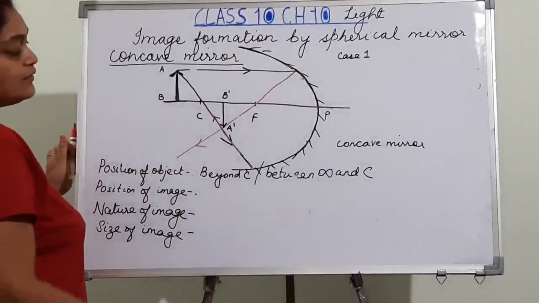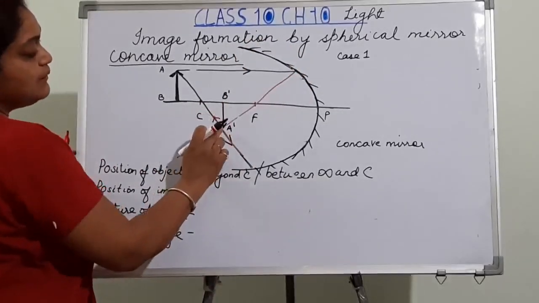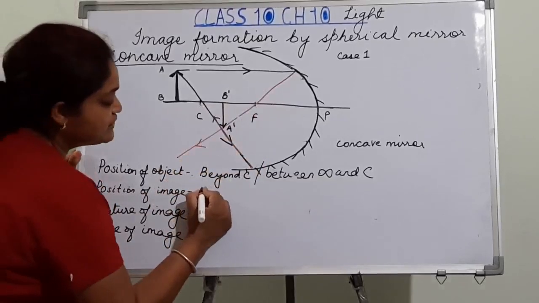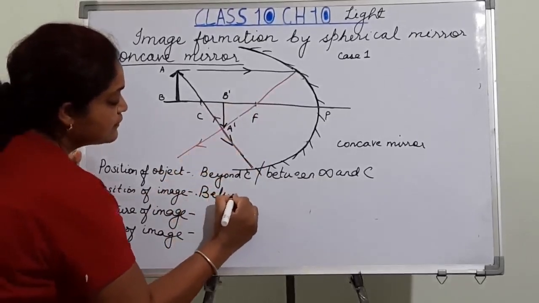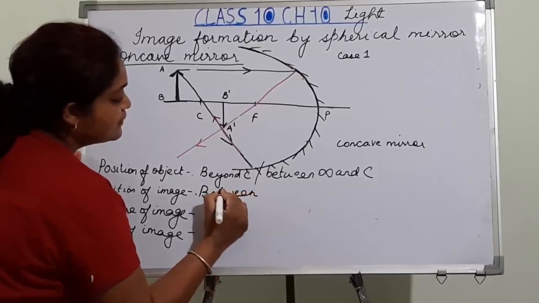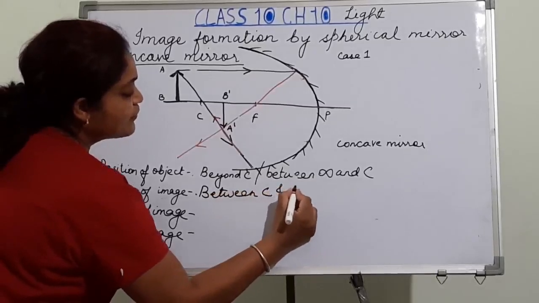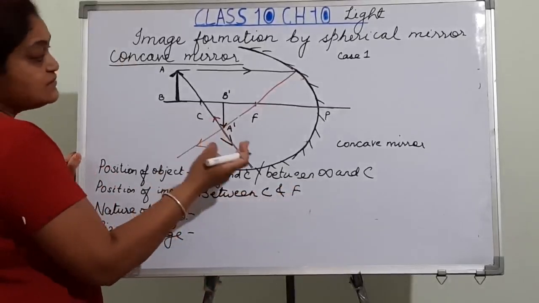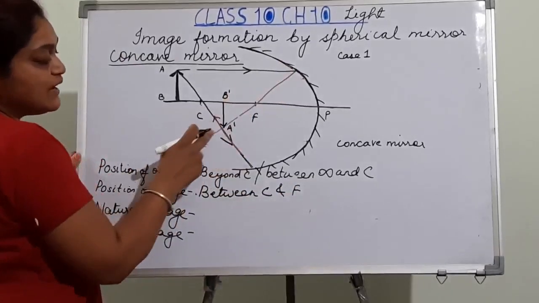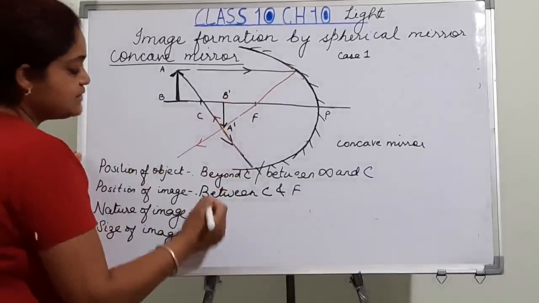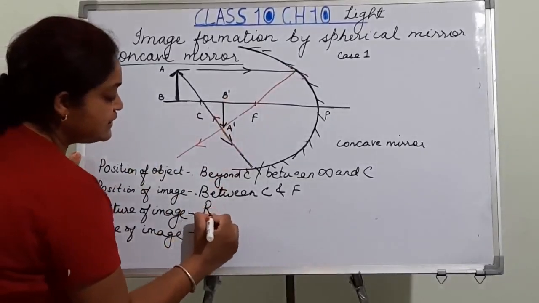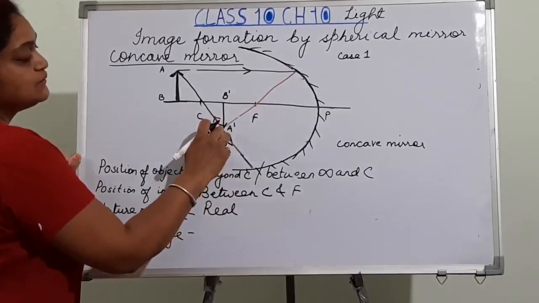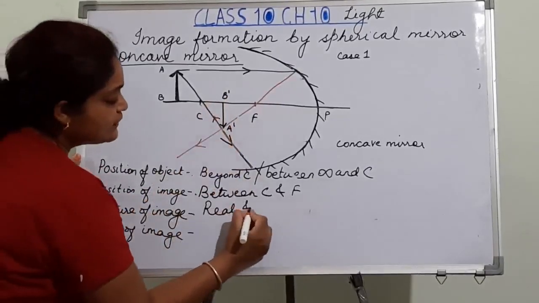Okay. So where is the image formed? The image formed is between C and F. The position of image is between center of curvature and focus. What is the nature of image? The nature of image is real because the reflected rays are actually meeting at a point. The arrow is coming downwards, so it is real and inverted.